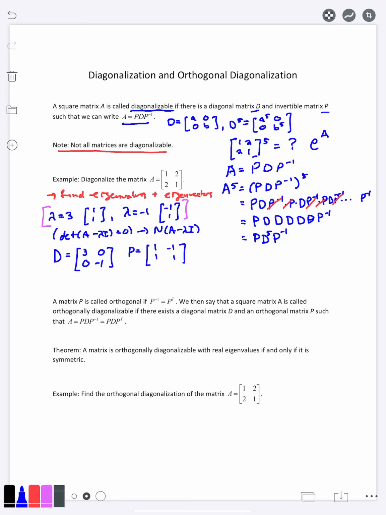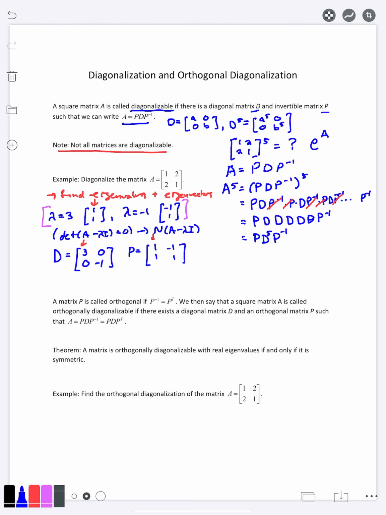So the eigenvalue 3 was in the first column, so that means the eigenvector for 3 should be in the first column here, and similarly for the second column being for lambda is -1. And so this is it.